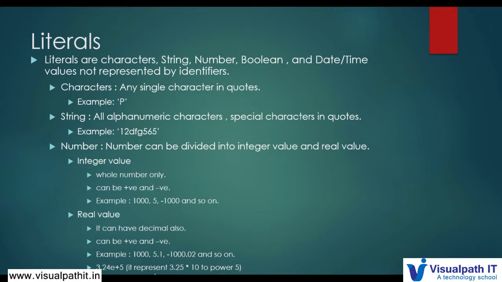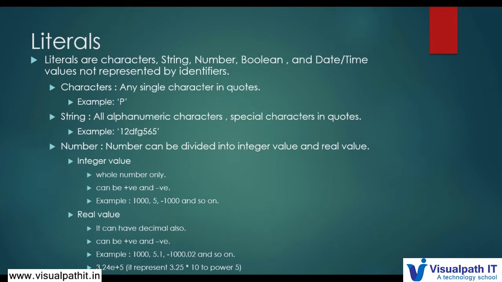Similarly, 3.25e minus 5 represents 3.25 multiplied by 10 to the power minus 5. So all these are real values. Integer values will always be whole numbers, and a string is anything which is between two quotes.